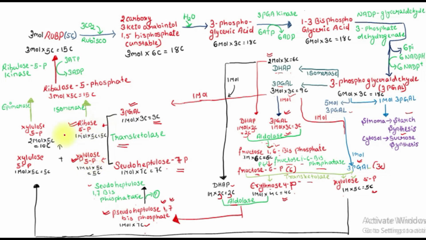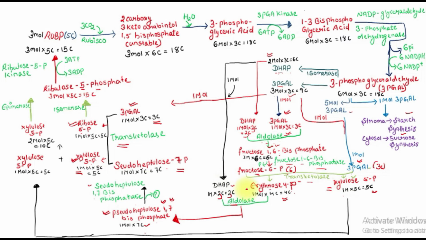Now, this ribose 5-phosphate will be converted into its isomer form, ribulose 5-phosphate, in presence of the enzyme isomerase. Okay. Now, what about this xylulose 5-phosphate? Here we are having only one molecule of xylulose 5-phosphate, which is a 5-carbon containing compound. Here we are having erythrose 4-phosphate and xylulose 5-phosphate.